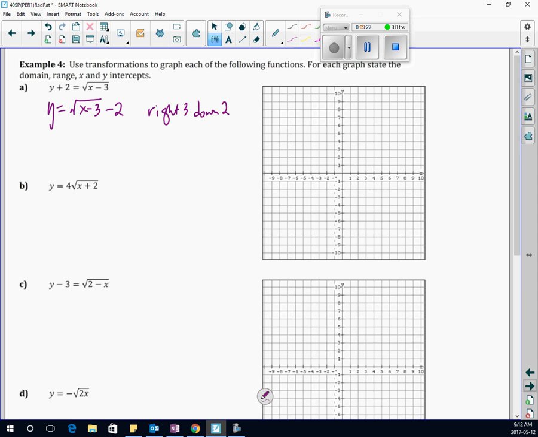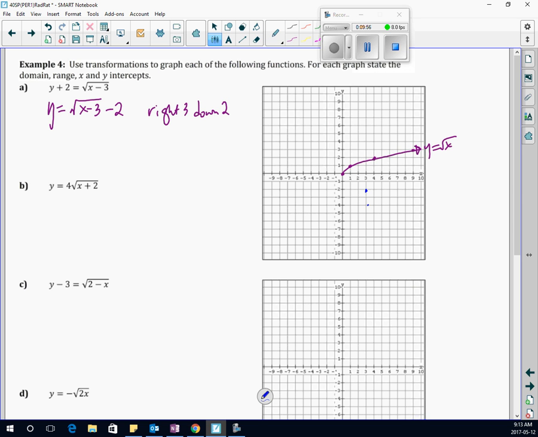Okay, so we're going to start with our base graph. Remember what a base graph is? 0, 0, 1, 1, 4, 2, 9, 3. There's my base graph. So I'm going to change color here. We're going to take those points, and we're going to go right 3, 1, 2, 3, down 2, 1, 2.